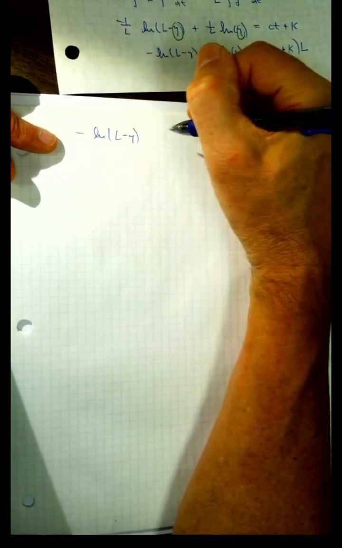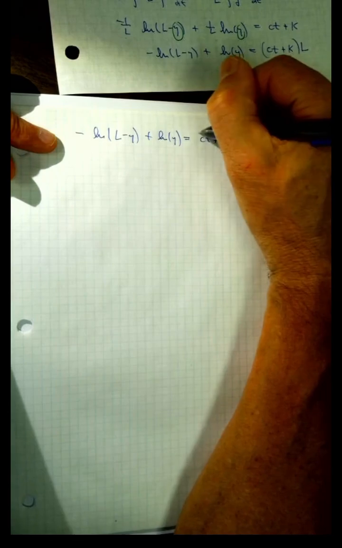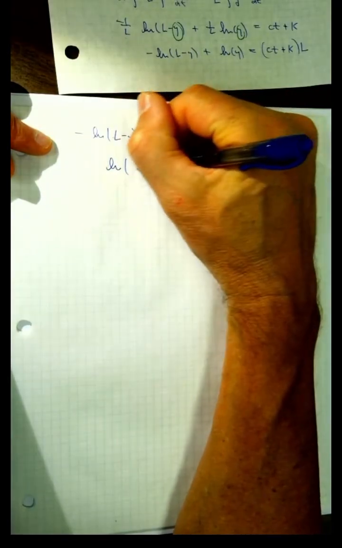So let's rewrite that. Our current equation looks like that. Well, I've got log of something minus log of something. This is going to be log of y divided by the other thing, so log of y divided by L minus y.